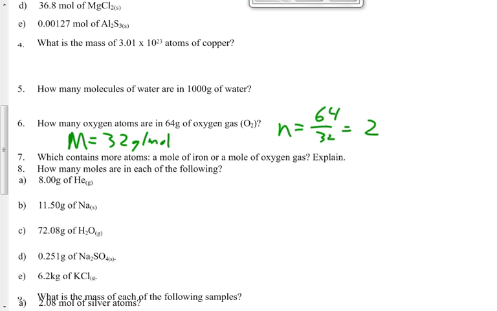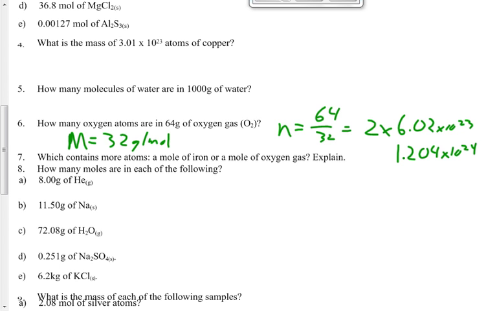Well, now I multiply that by Avogadro's number, 6.02 times 10 to the 23, and I get 1.204 times 10 to the 24. But that's the number of oxygen molecules. So I have to multiply that again by 2 because every oxygen molecule has 2 atoms in it.